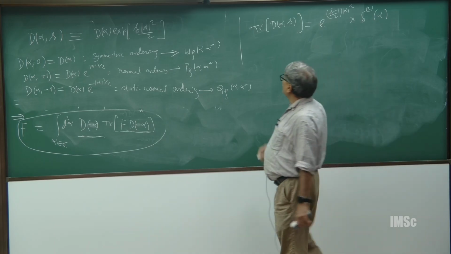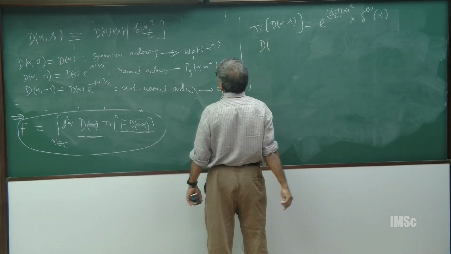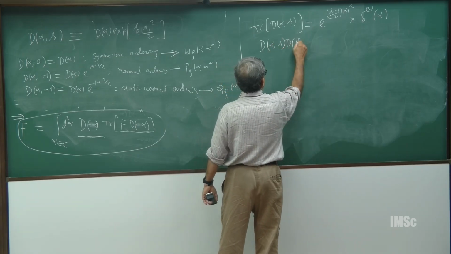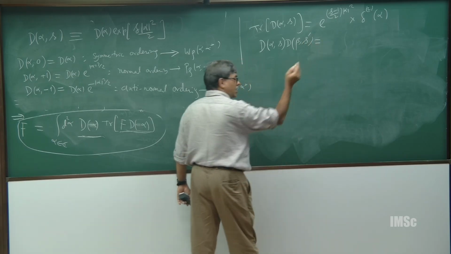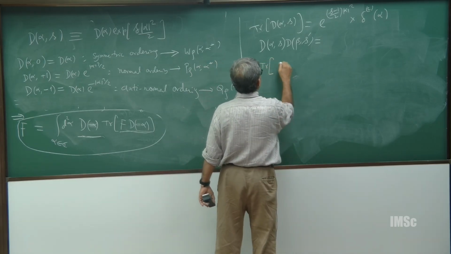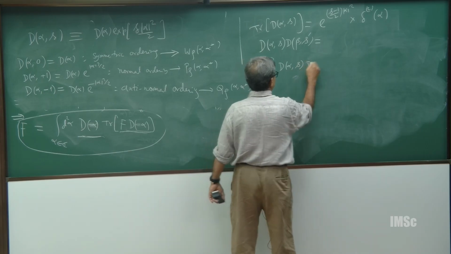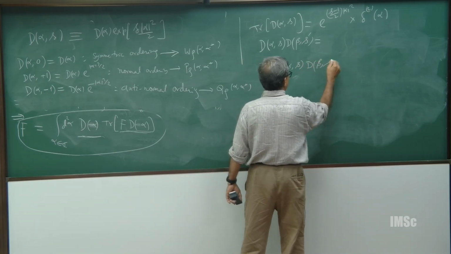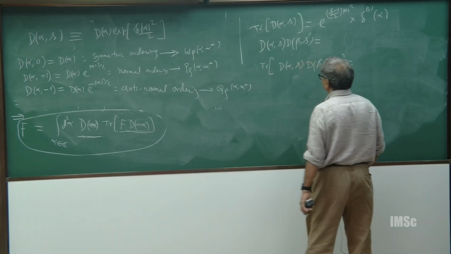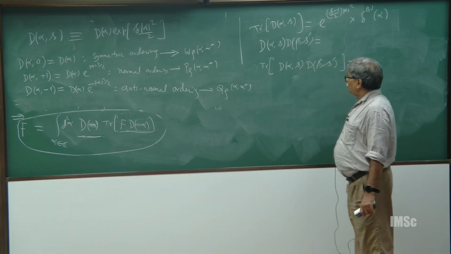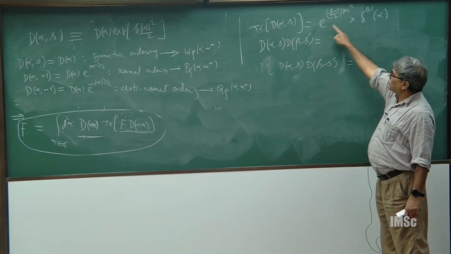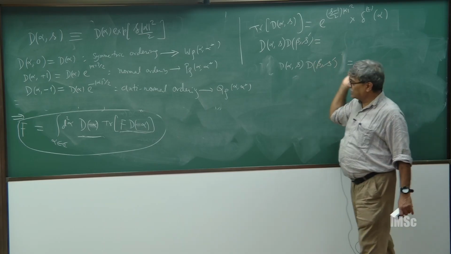What about D of alpha, s and D of beta, s prime? Again you can figure it out, it is not difficult. This you can also figure out from this simple definition, and you can take the trace, etc.